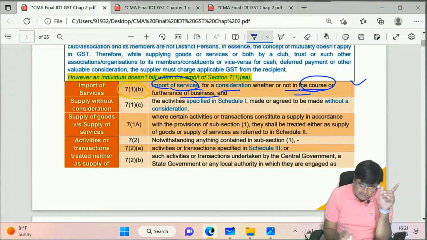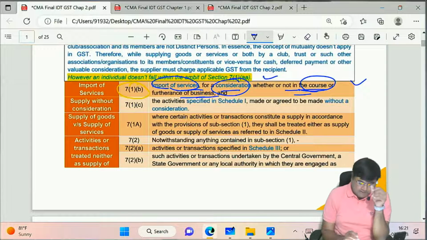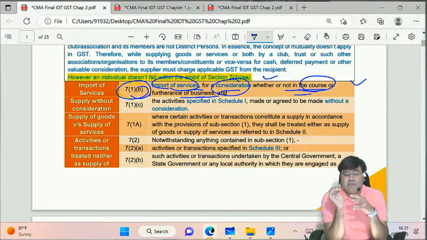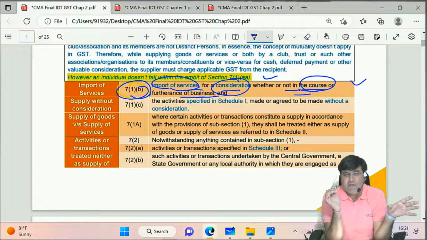So consideration is there. Whether it is your business, the answer is no. So the second condition is not satisfied, that's why it is not supplied under clause A, but it is going to be supplied under section 7 subsection 1 clause B. Because you are importing the Twitter services, paying consideration $1, may not be in the course of furtherance of business, but it is going to be supplied.